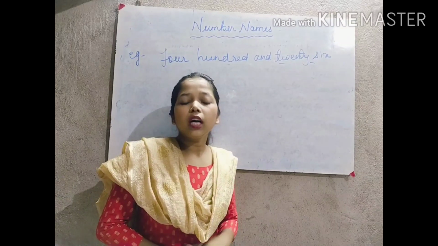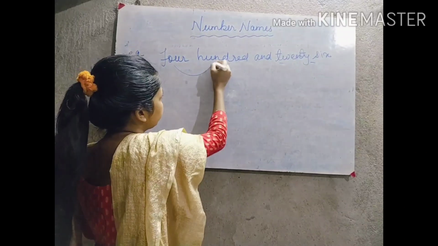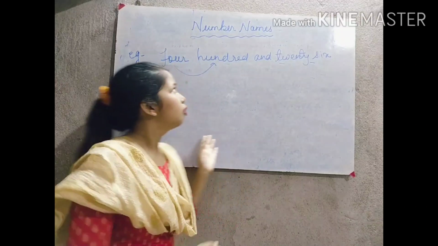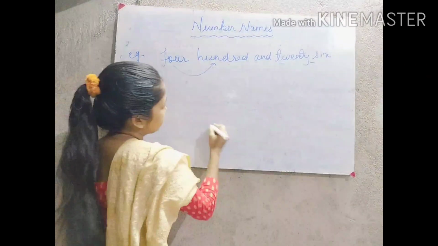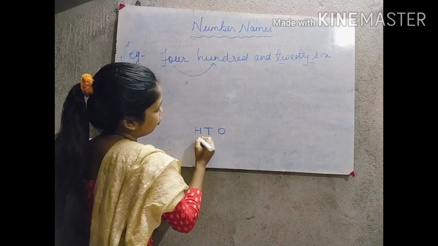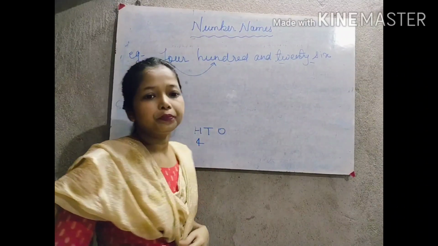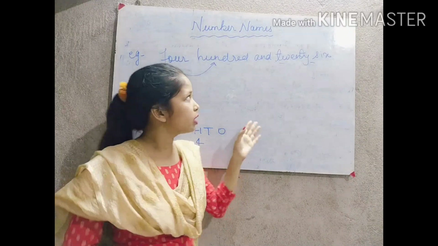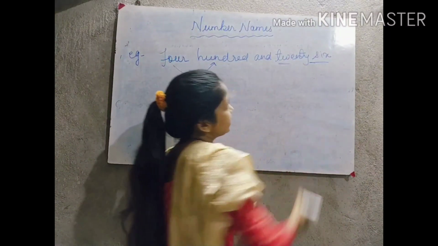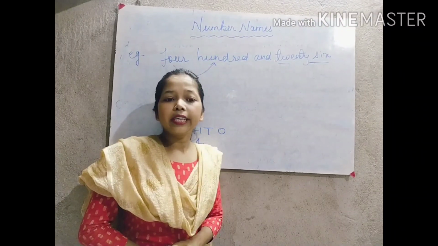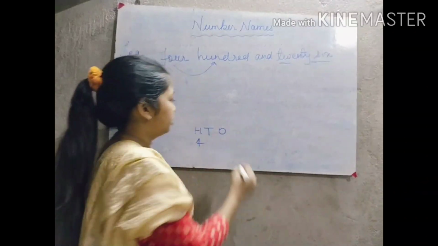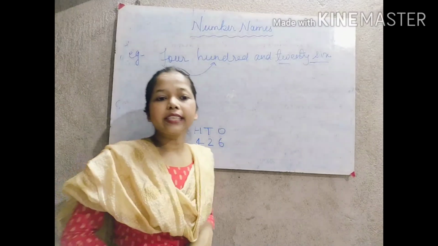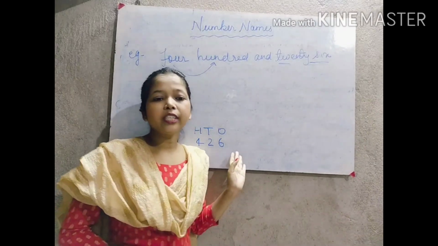So four hundred means the digit in the hundreds place is 4, and the digit in the tens and ones places together is 26. So we will write here 2 and 6. 426. So the numeral is written as 426.